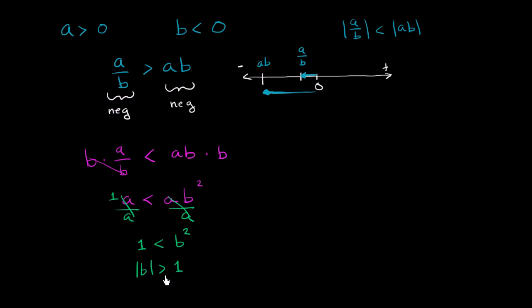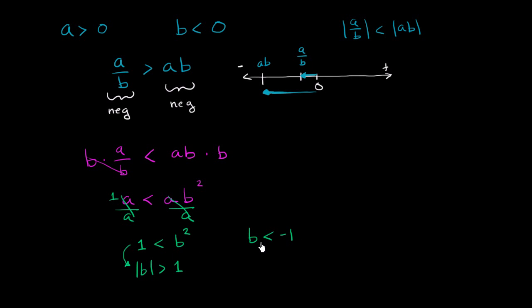And you say, "Wait, Sal, how did you get from that to that right over there?" Well, just think about this a little bit. If I square something and it's greater than 1, that means that either b is less than -1, because if it was -1, squaring it would give 1. If it was greater than -1, like -0.99, then when you square it, it would be something less than 1.